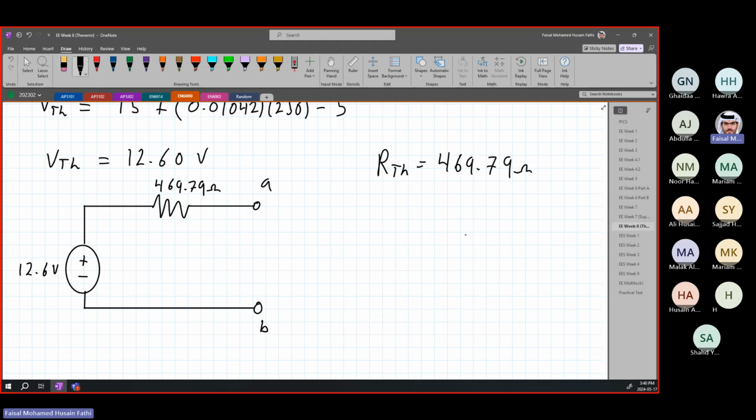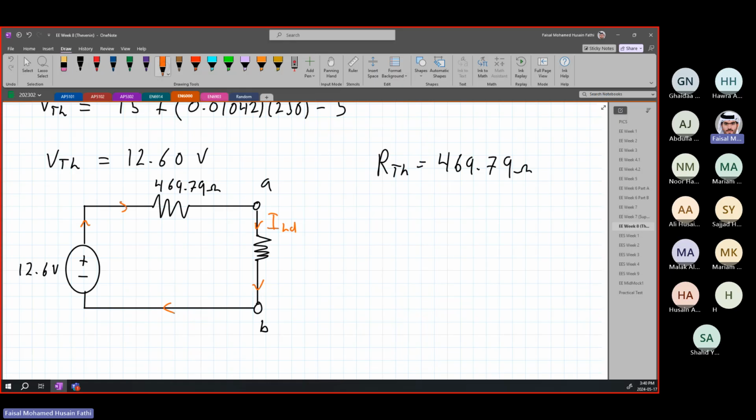Now, whatever load we apply here, we can find the current flowing through it very easily. Remember that current here is all the same, which is I load current, because it is a series circuit.